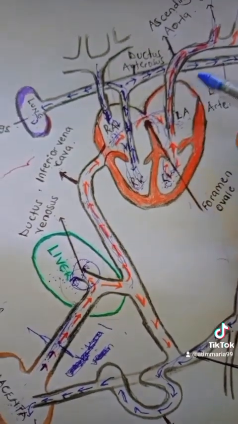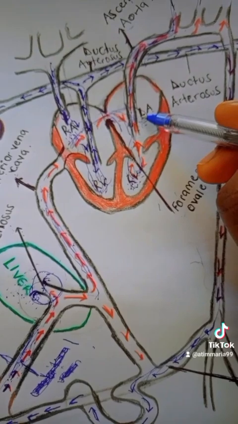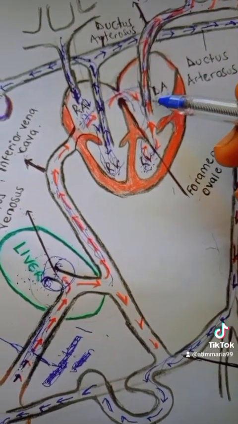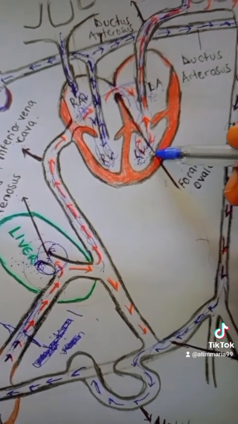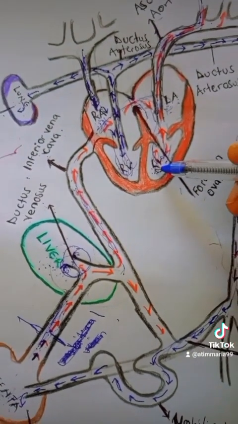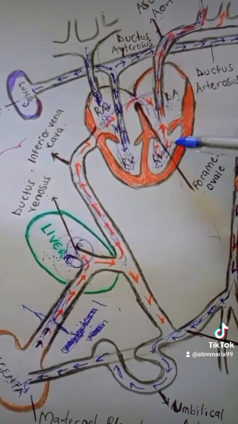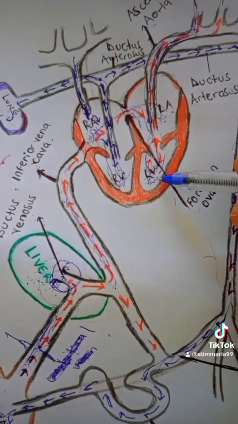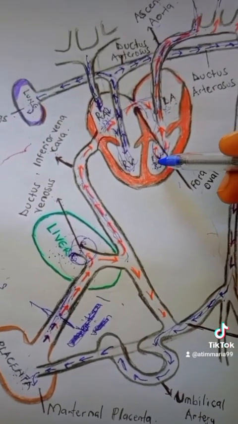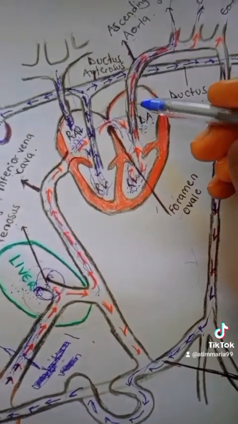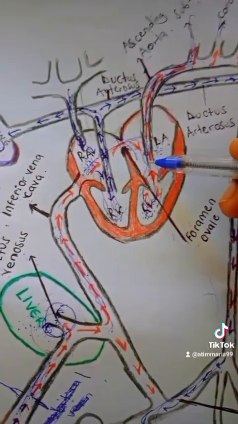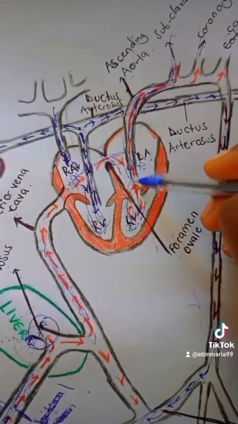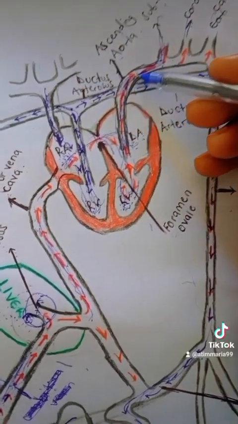When it reaches the left atrium, some of this blood continues and flows to the lower chamber of the heart, that is the left ventricle. When it reaches the left ventricle, this blood flows through the large artery coming from the heart. This is called the ascending aorta.